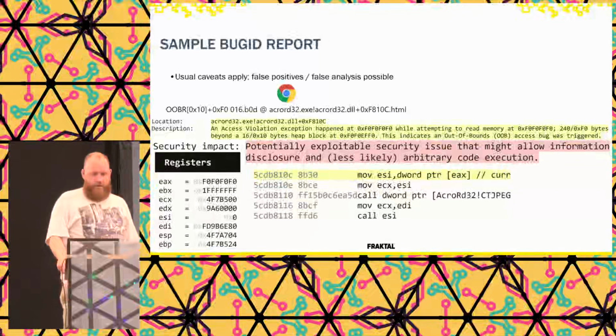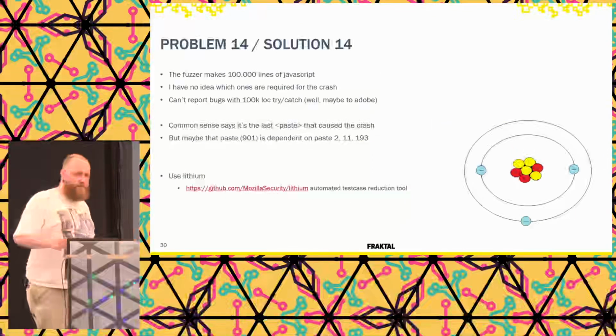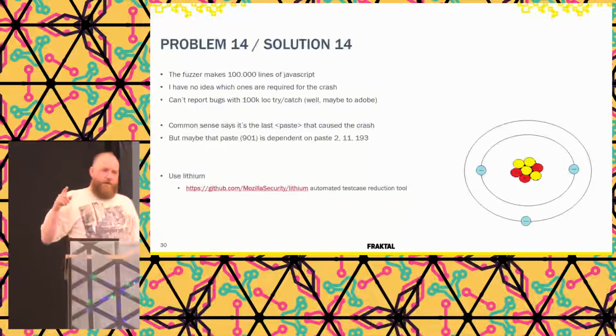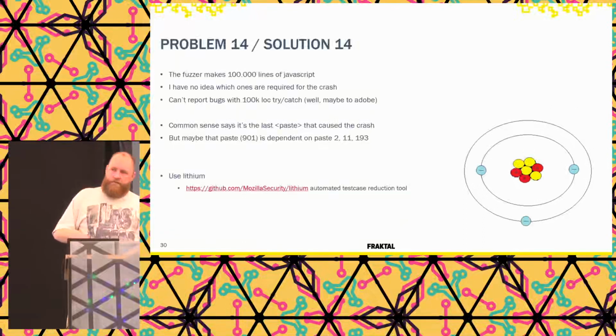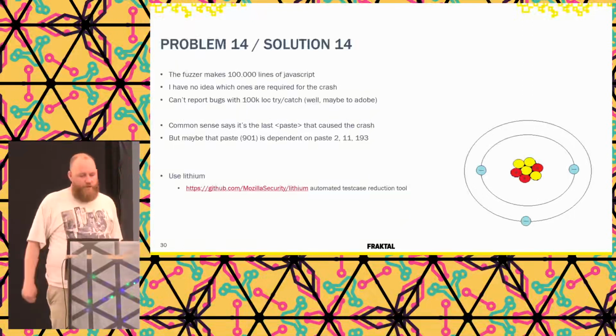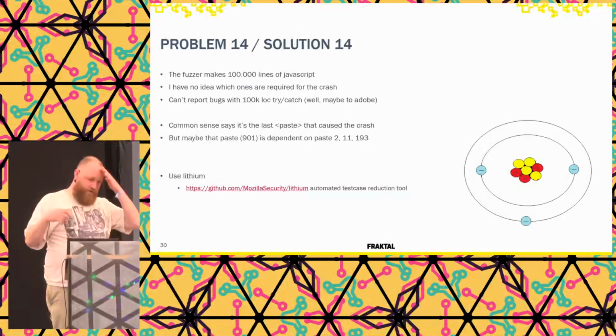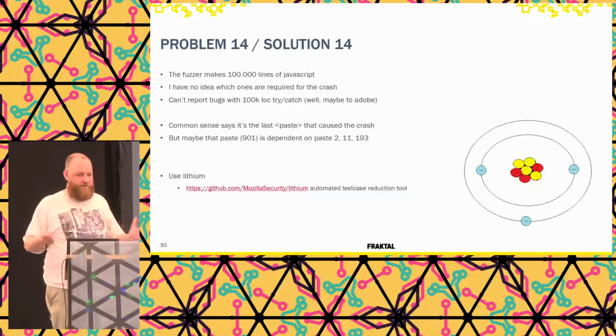The next problem, yes, you have 100,000 lines of JavaScript, and minimizing that to find out what causes the crash is also a huge pain. You cannot really be sure which of the many lines are required for the crash.